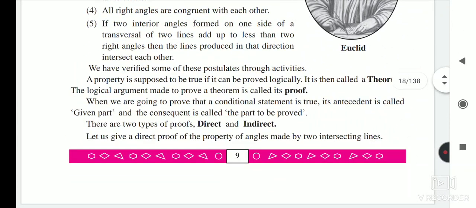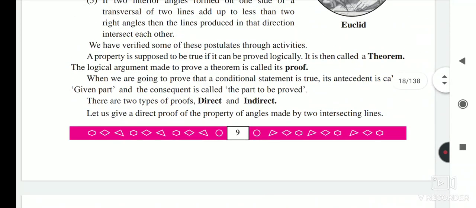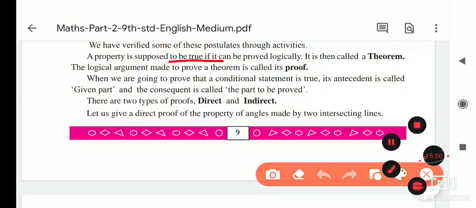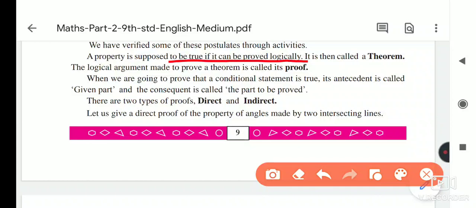If a property is supposed to be true, it can be proved logically. We saw that we can draw innumerable circles from a single point, that only one line can pass through two distinct points, and that from a single point a number of lines can pass through it. So these are the postulates. I showed you by activity also.